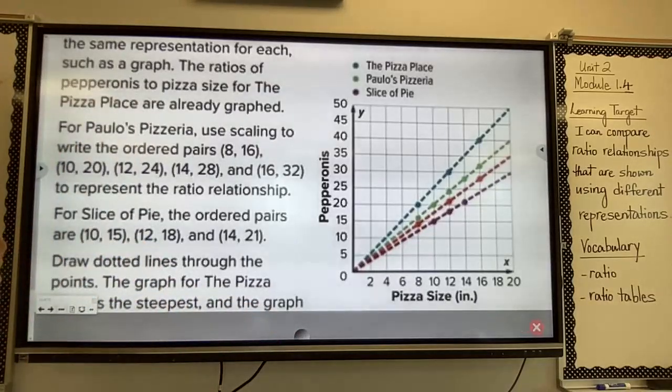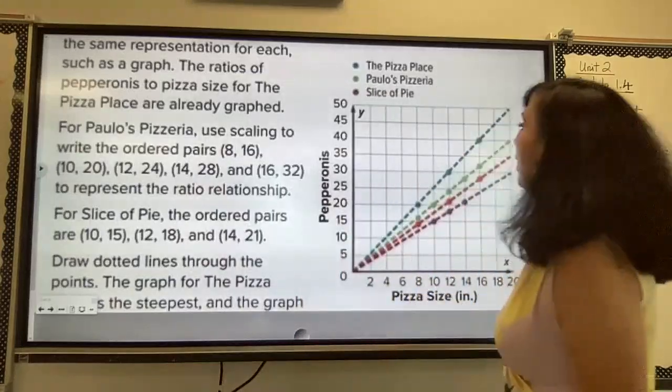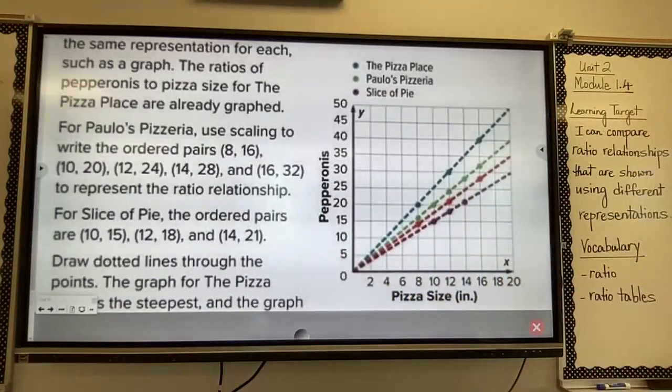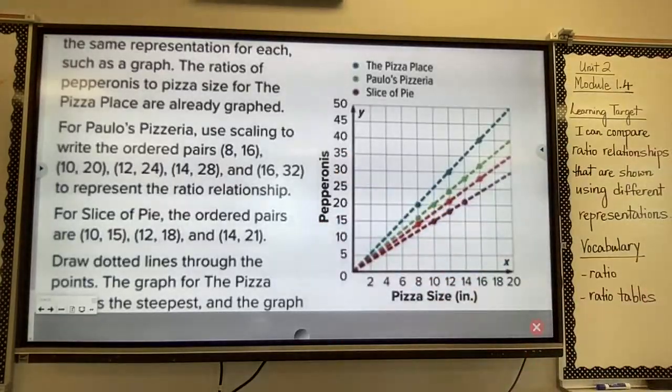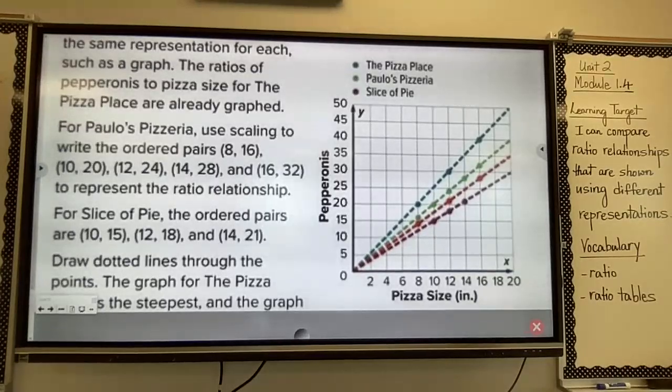All right, there were 4 different over here. We have the slice of pie. So look, the pizza place, and we have Paulo's Pizzeria, and we have the slice of pie over here. So this is the pizza size in inches, and that's the pepperonis over there. So the pizza place, that's the first one, and this was talking about 8 inch over here, the pizza slice, 8 inches, and that had 20 pepperoni on that.